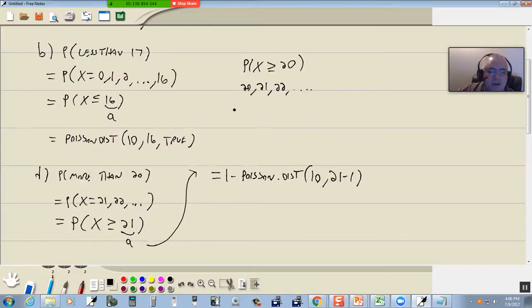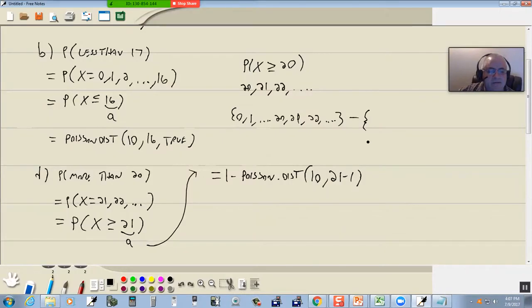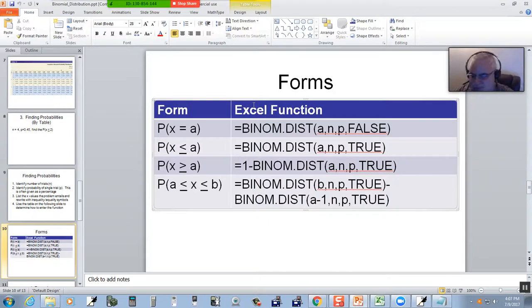This right here, 1, is everything. So that'd be 0, 1, all the way up, 20, 21, 22, and so on, minus the binomial distribution, A. Well, this should be A minus 1.